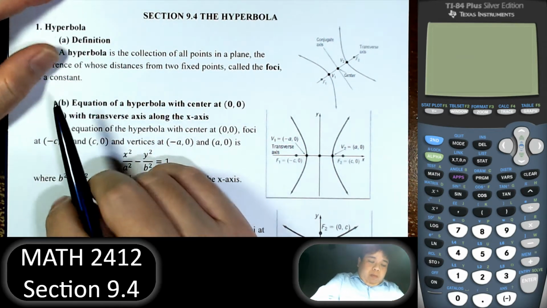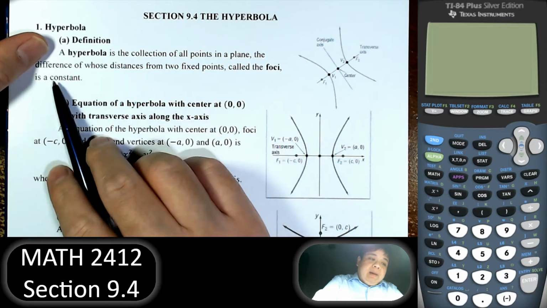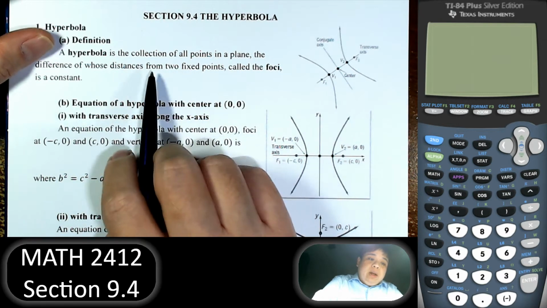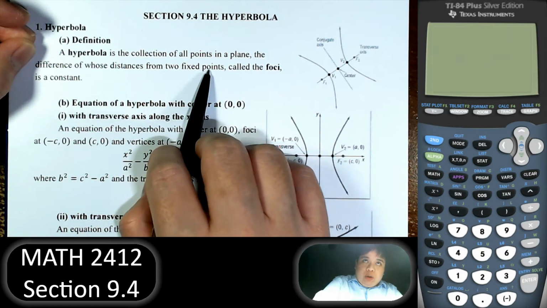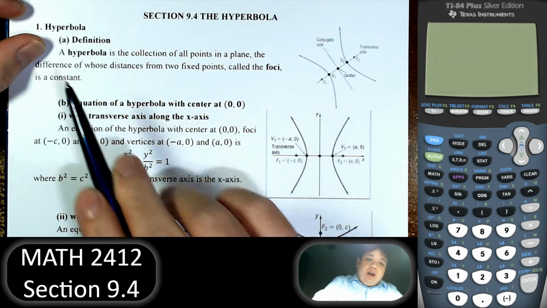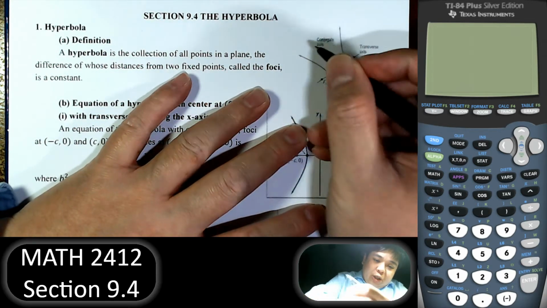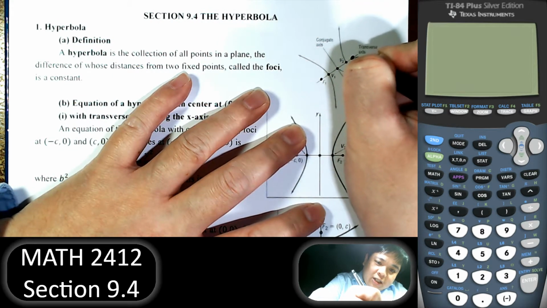By definition, the hyperbola is the collection of all the points in the plane where the difference of the distances from two fixed points, the foci, is constant. So what we have is two foci, a focus here and a focus there.